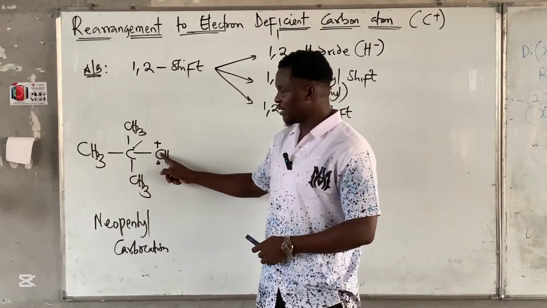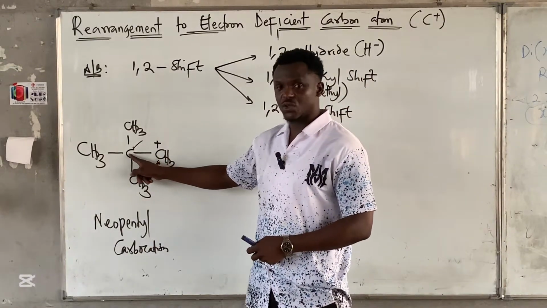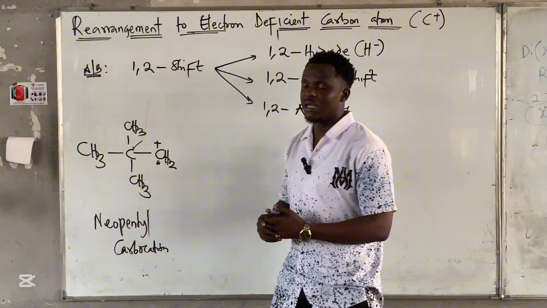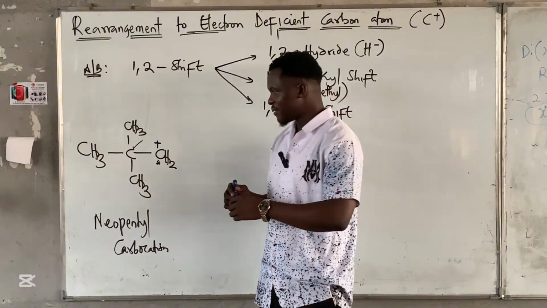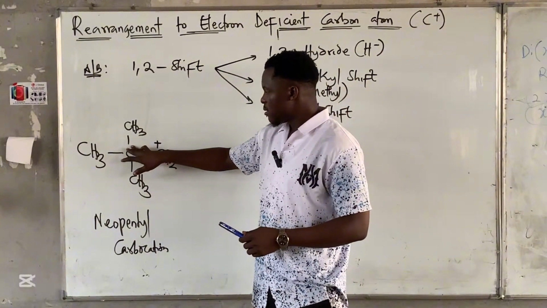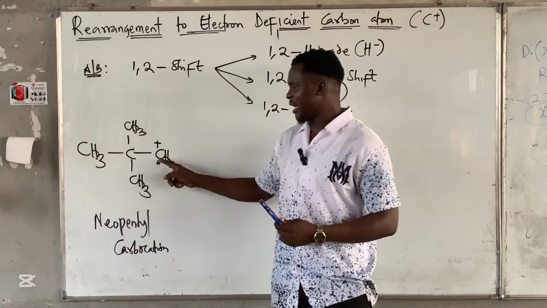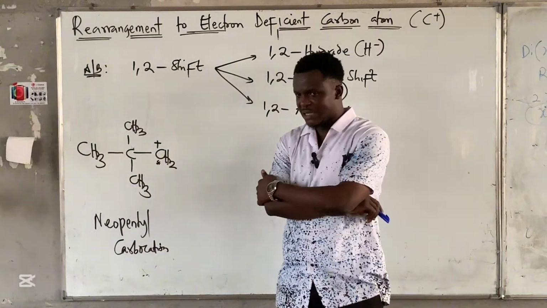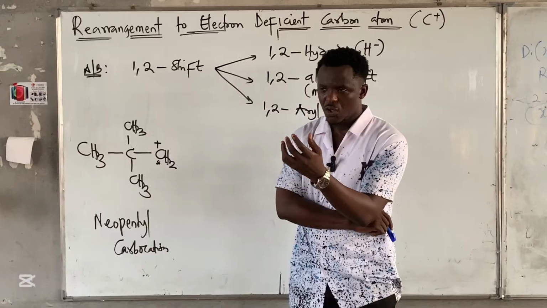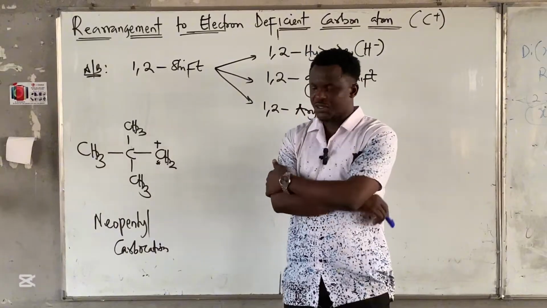So this carbon bearing the charge is attached just to this one carbon. So it's a primary carbocation. All right. Now, is there a possibility for this guy to migrate to a more stable carbocation, either a secondary or a tertiary? I'll show us.